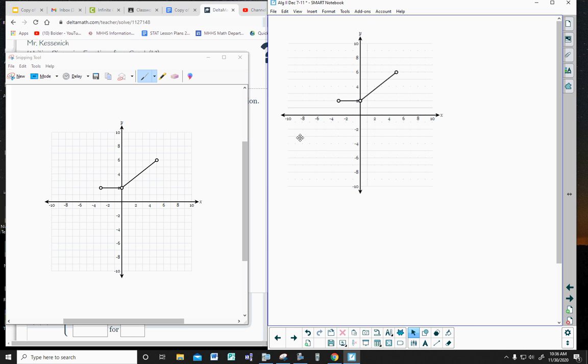Okay, so remember, this sucker is a horizontal line. So this piece is just y is equal to 2 between -3 and 0, when x is greater than but not equal to -3 and less than 0. This one: up 1, 2, 3, 4, run 1, 2, 3, 4, 5.